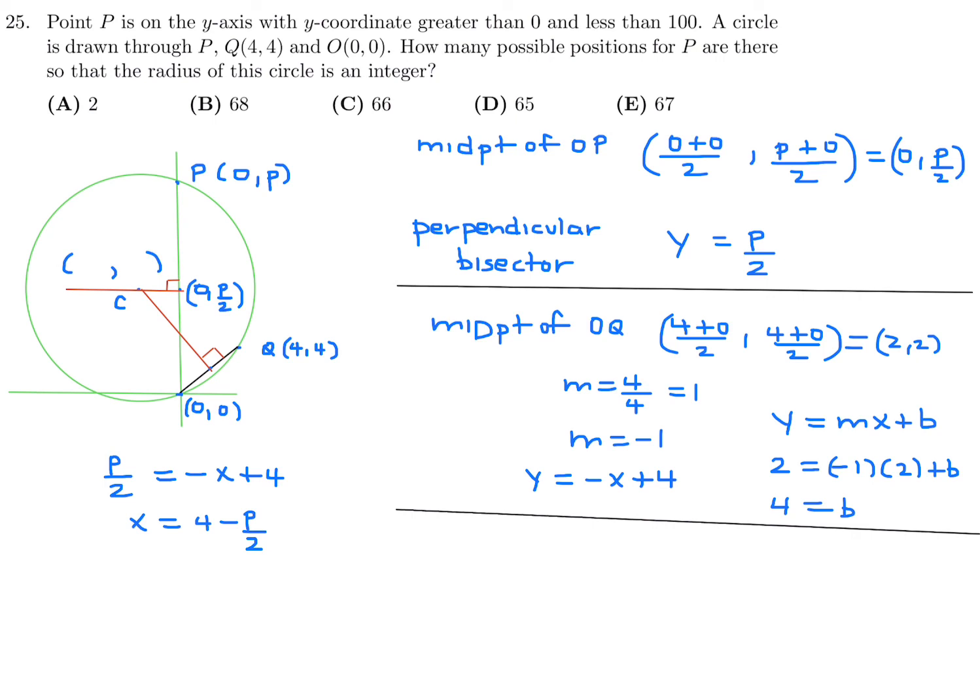The x coordinate is basically 4 minus P over 2, like that. And the y coordinate, interestingly, is P over 2. Why? Because it's on that line, and that line is y is equal to P over 2. So there we go. Now we've got the coordinates for C in terms of P, but that's pretty decent.